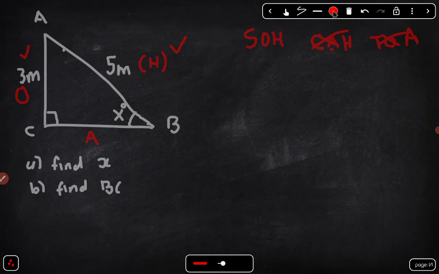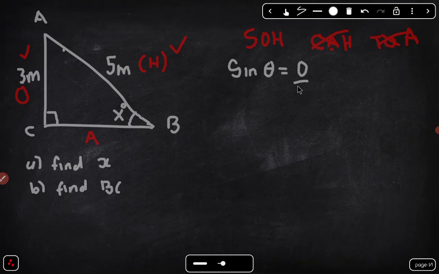So here is what you are going to do. You write sin theta is equal to opposite over hypotenuse.